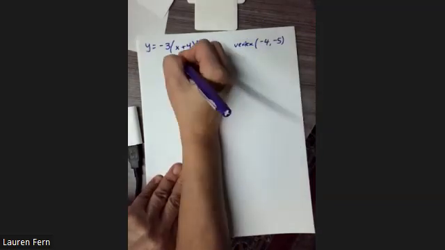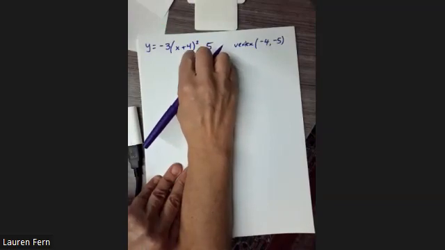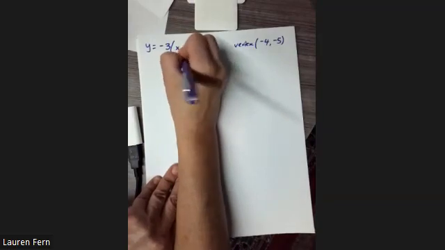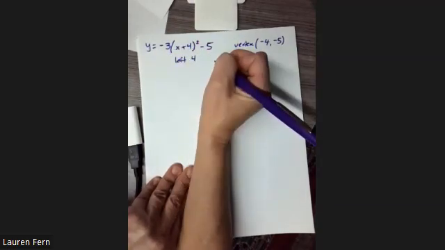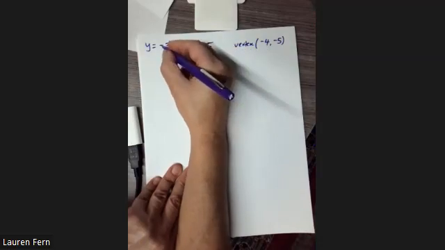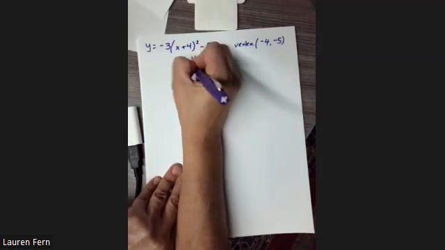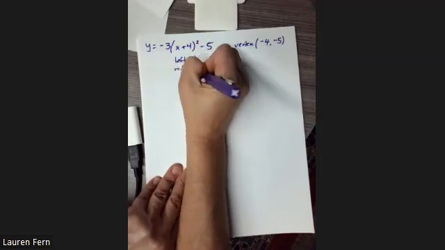Okay. But notice we can take our general quadratic y equals x squared. I'm adding 4 within my function, so that says we go left 4. This one here says, notice that we're going to reflect it. We have a negative in front. And we're going to go down 5.